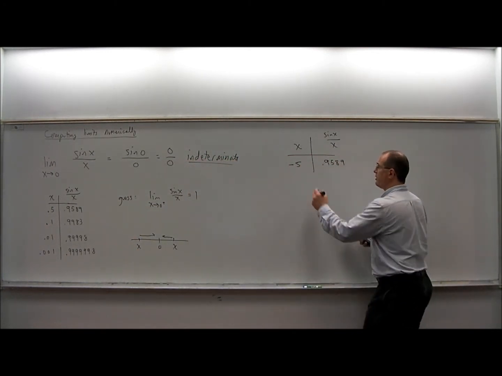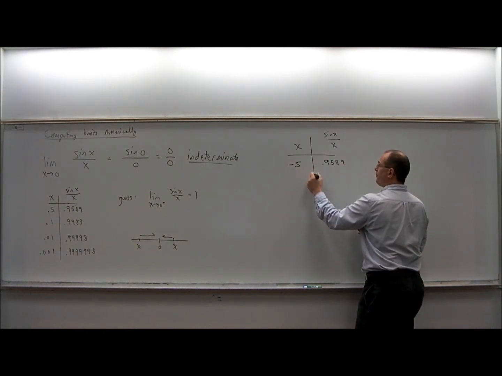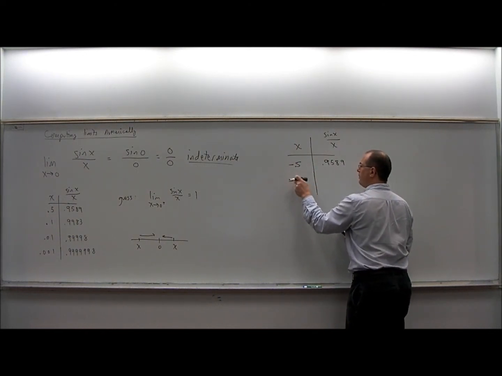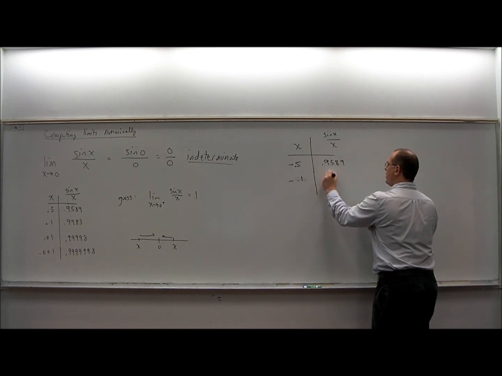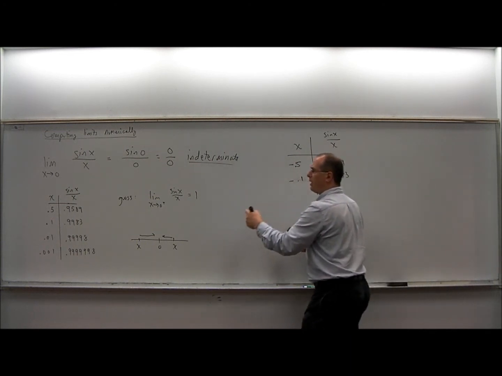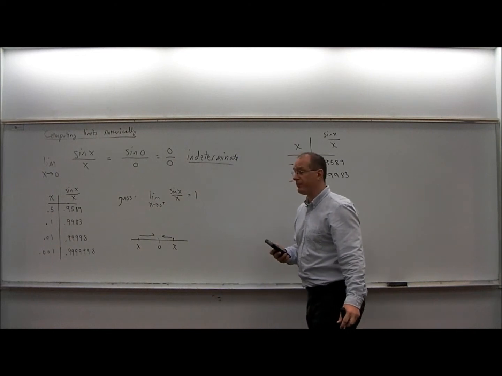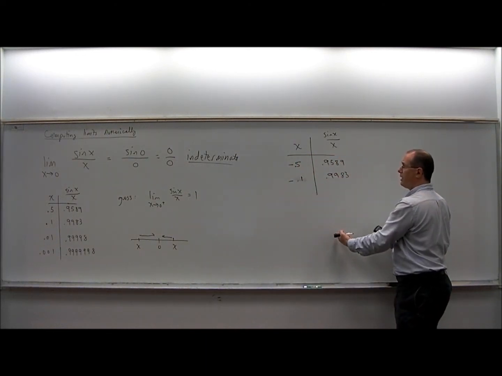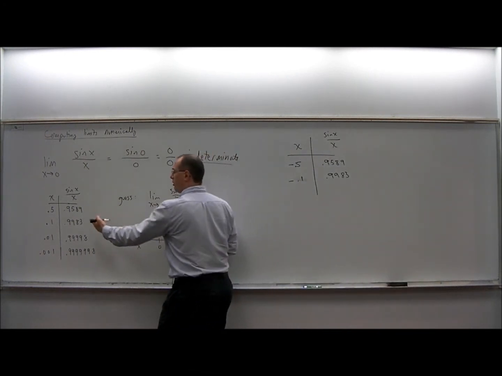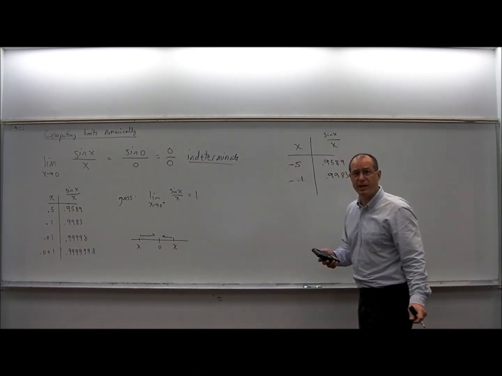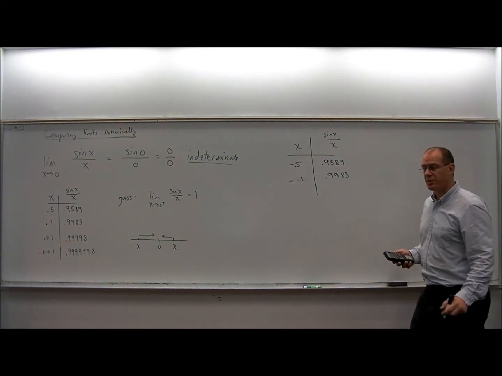Maybe that's a coincidence. Let's try negative 0.1. So the sine of negative 0.1 divided by negative 0.1, and I get 0.9983. That's again the same. It looks like I'm getting the same exact values when I plug in a negative value as the corresponding positive value, so that makes me wonder if that's always the case.